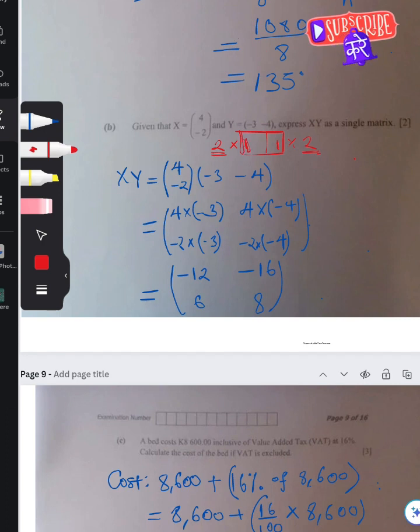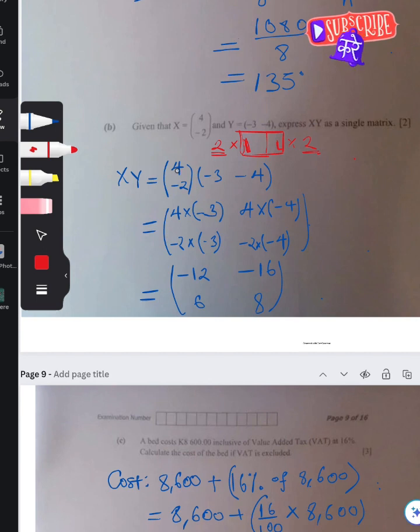The number of columns of the first matrix must be equal to the number of rows of the second matrix. Then you can take the product. Because this is 1 by 1, we can take the product, and this is just row by column.